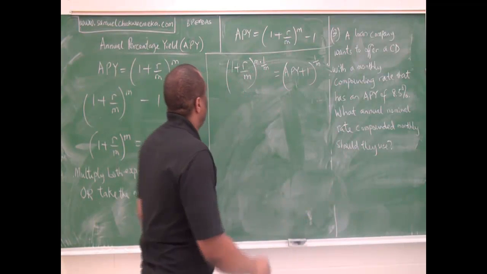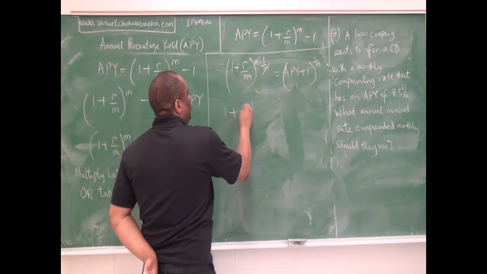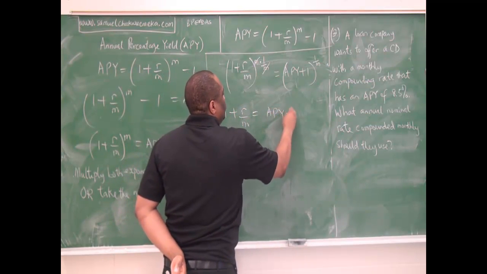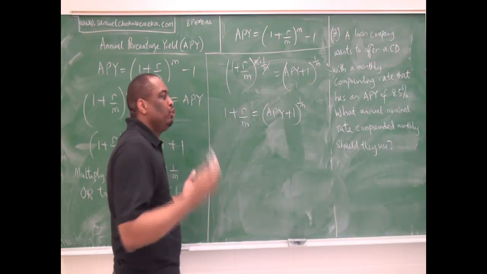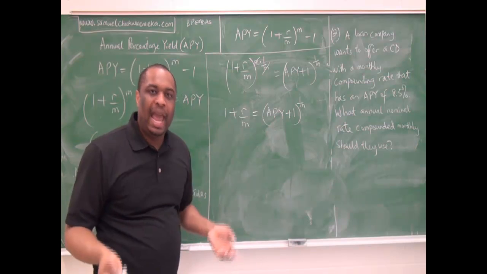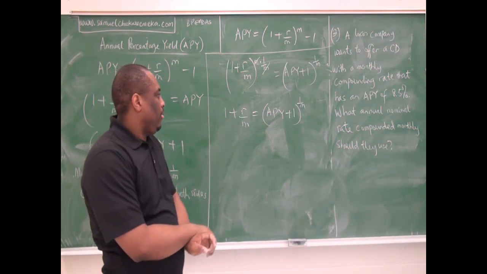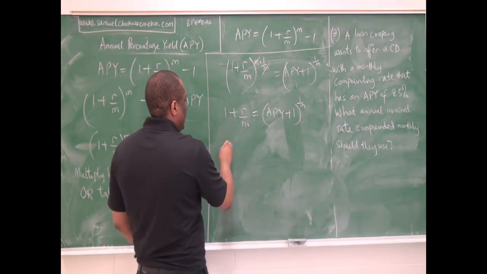So this m will cancel m. So I have that 1 + r/m will give me (APY + 1) raised to power 1 over m, or the mth root. You can call this mth root of (APY + 1). So now I will subtract 1 from both sides.